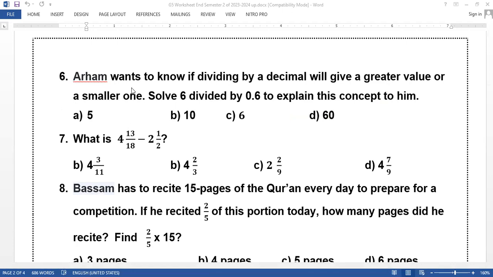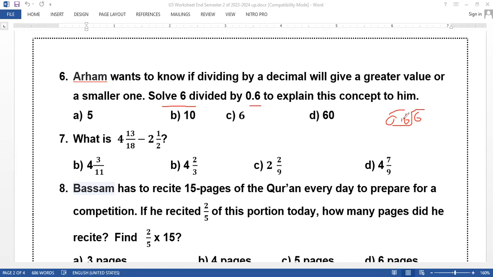Here, Arham wants to know if dividing by a decimal will give a greater value or a smaller one. Solve 6 divided by 0.6 to explain this concept to him. The divisor is a decimal, so we cannot divide before we make it a whole number by multiplying it by a multiple of 10.